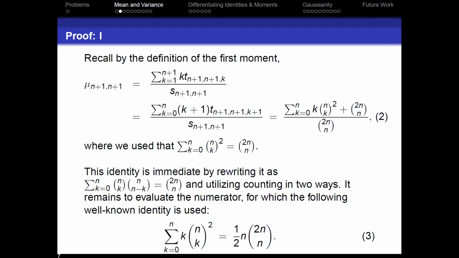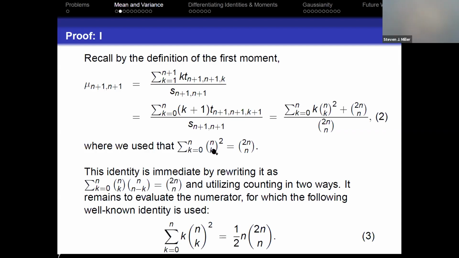So when k hits the T's, that gives us the k times n choose k squared. Now, when the 1 hits the T's, then we have the sum of n choose k squared. And the identity we just proved down here says that that's just 2n choose n.